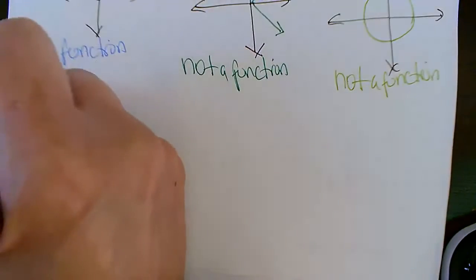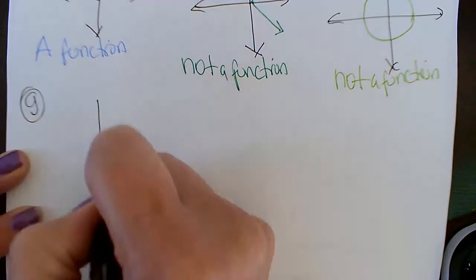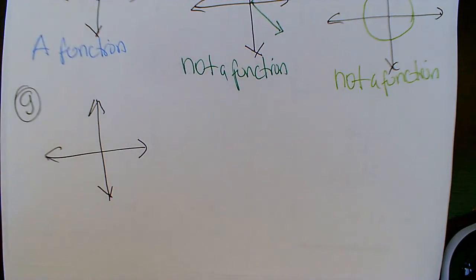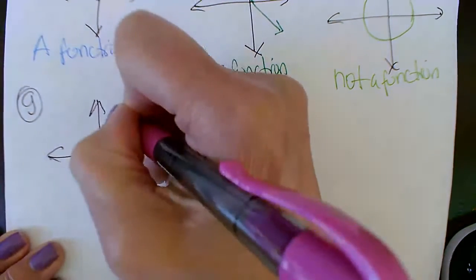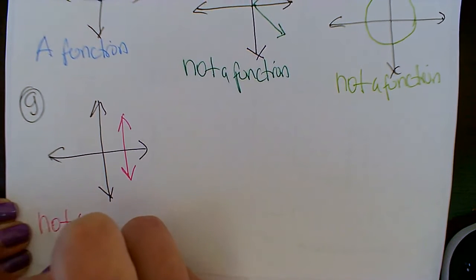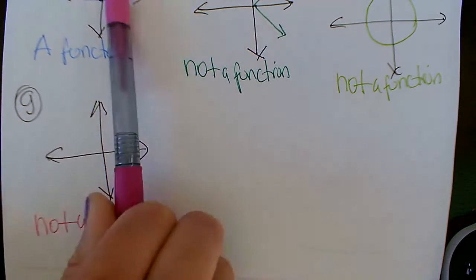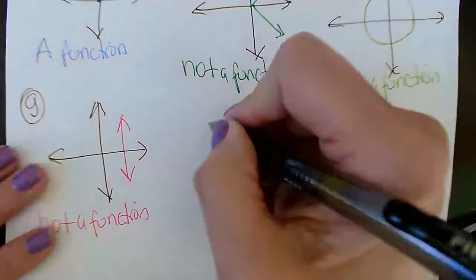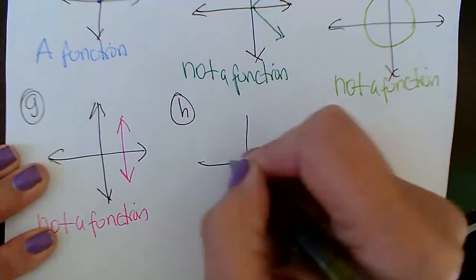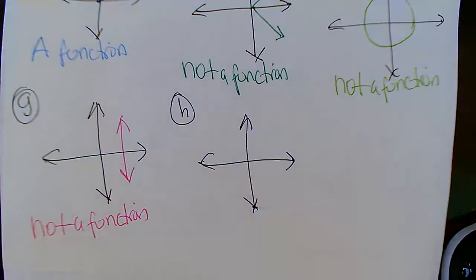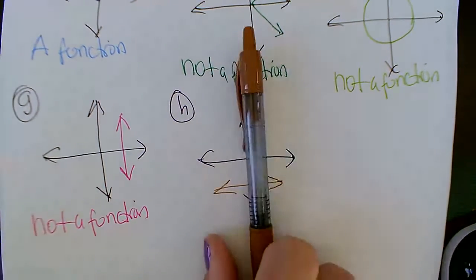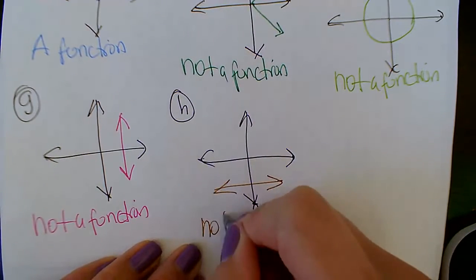F, G. So this one, what is it? Not a function. Doesn't pass the vertical line test. Okay, and if we do G, H, this one, not a function, doesn't pass the vertical line test.